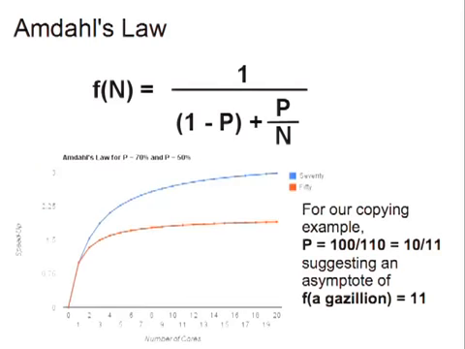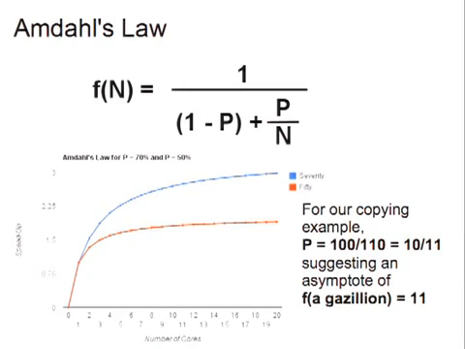And we can see that the effects of this kick in pretty quickly. Here I've got a plot of just what this equation looks like for a series of cores. So this is number of cores on the x-axis, and this is the speed up that we can get as a multiple of how fast it would run with just one core. So we've got a single program that we're trying to get to the end of, and we can throw a variable number of cores at it. Here on the red line is what happens if we've got 50% parallelization.